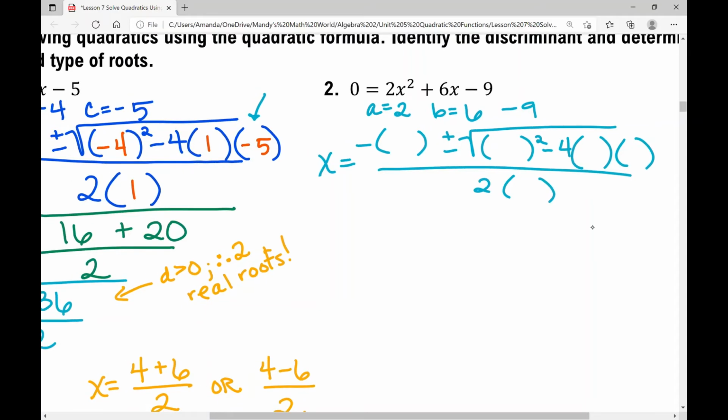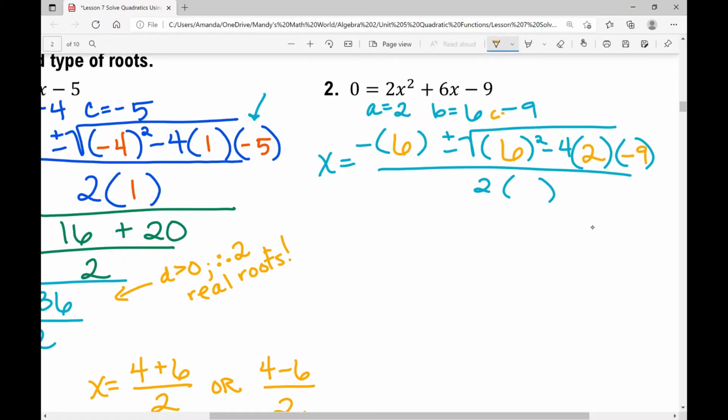Okay, x equals the opposite of b, b goes here, plus or minus the square root of b squared minus 4 times a times c. I didn't even write c equals, whoops, c equals, all over 2a. And now let's start simplifying it.